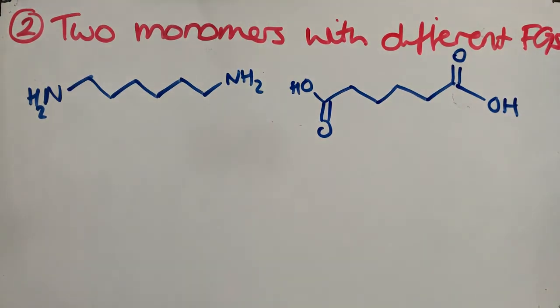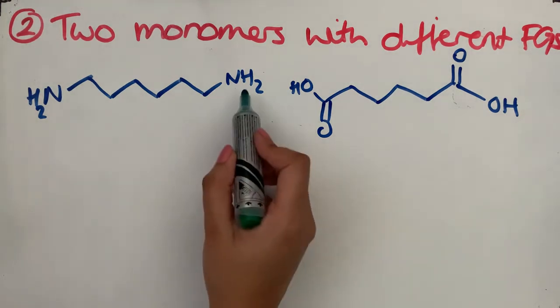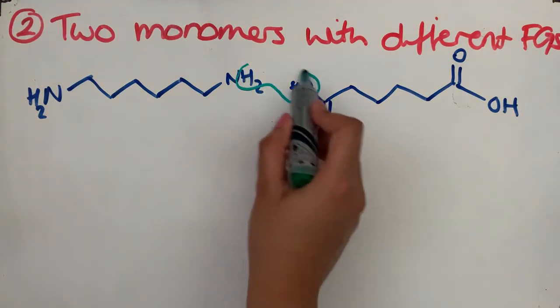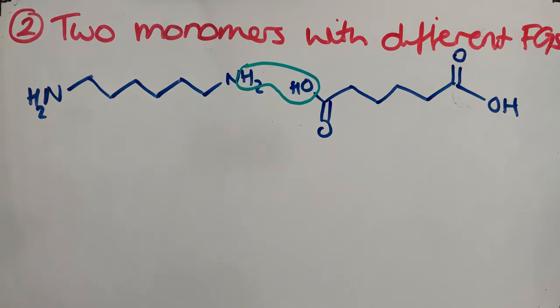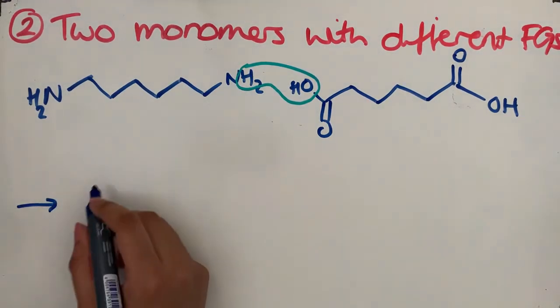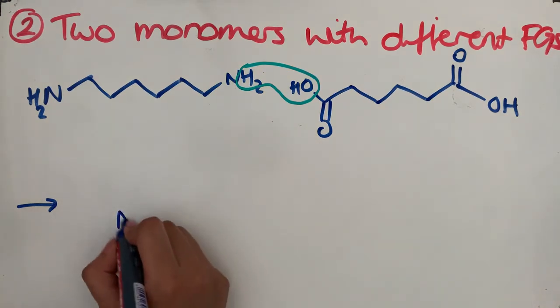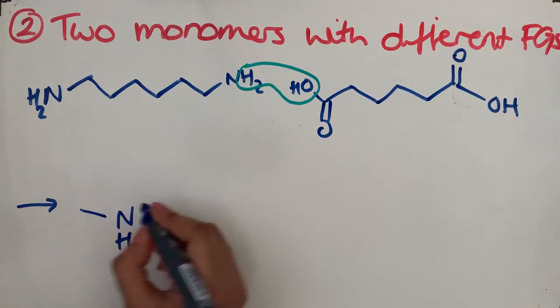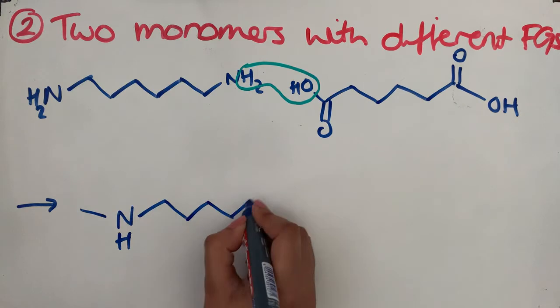Okay, so you can now have an amide bond form through the removal of a water molecule, so one hydrogen here and that there. So you can now form your amide, your polyamide, which should look like this. 3, 4, 5, 6.